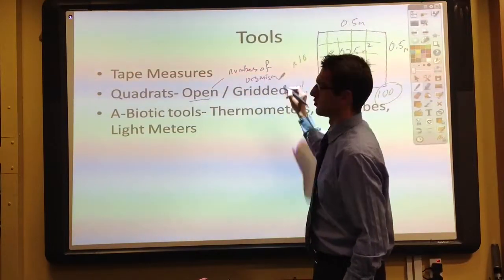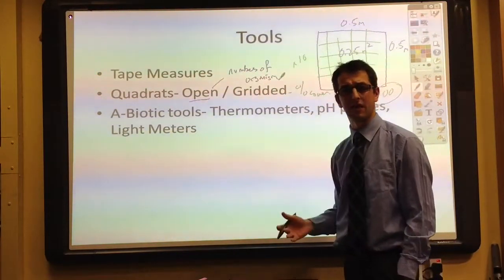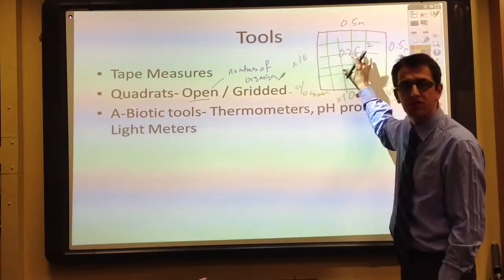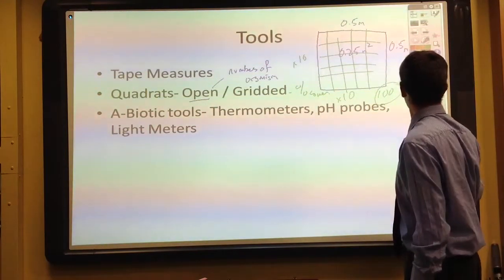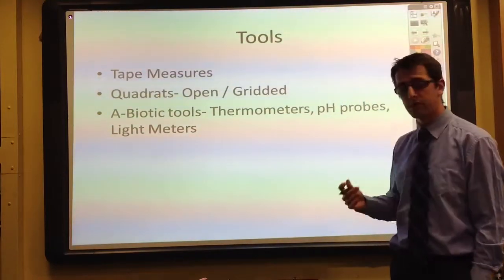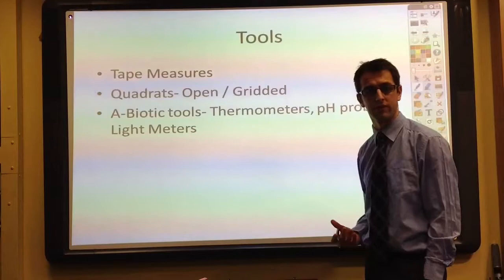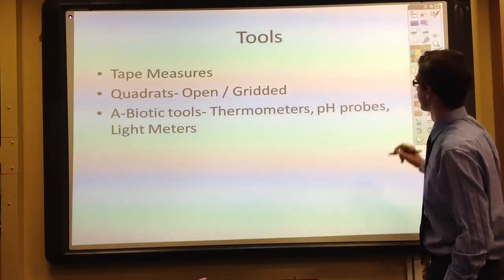So for example, the total number of snails that you find in that particular thing, that's quite easy to count. You just quickly go through the whole quadrat without it being underneath a grid that's hard to get through. We also therefore would need our abiotic tools, so a thermometer, a pH probe, or whatever data we decided we were particularly going to collect on that occasion.